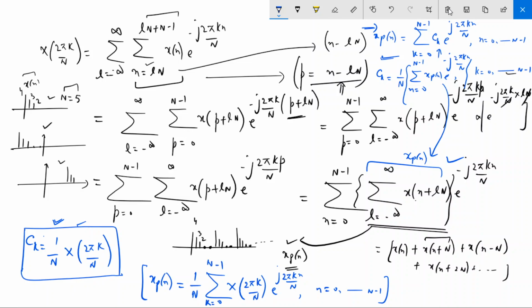So this equation gives you a reconstruction formula from the samples of its Fourier transform. And remember that you cannot recover xn from the samples. What you can recover is xpn. I will write on a different page.